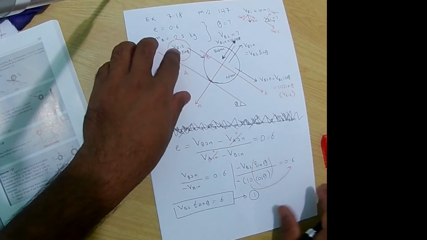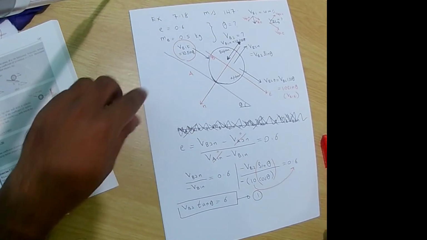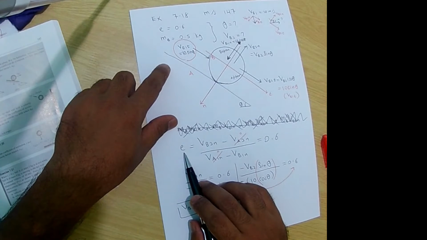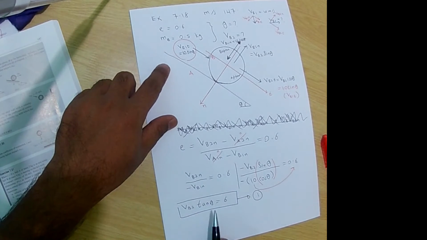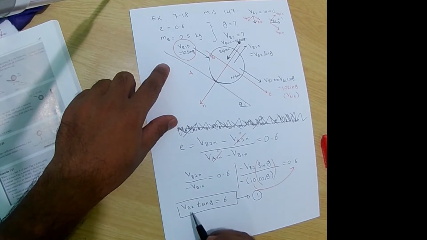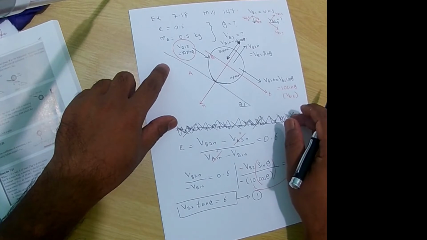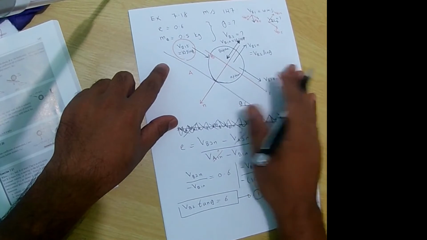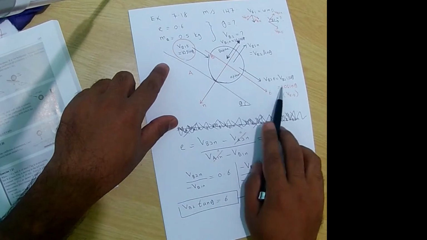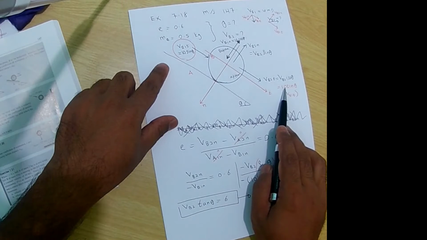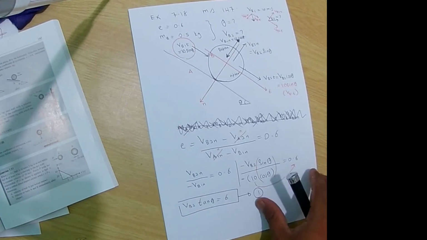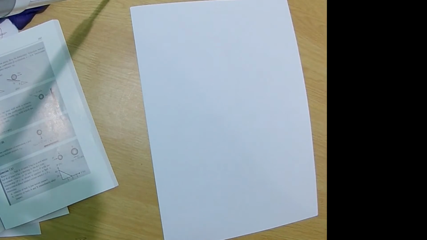Now we have already used the coefficient of restitution, but we still have two unknowns, VB2 and tangent theta. We cannot use conservation of momentum, so we need to find one more equation from this figure. Here we can use VB2 cos theta equal to 10 sin theta.